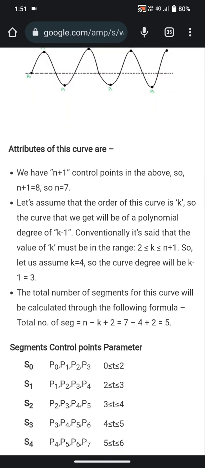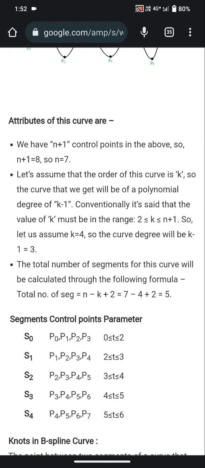Let's assume that the order of this curve is k, so the curve that we get will be of polynomial degree k minus 1. Conventionally, the value of k must be in the range 2 less than or equal to k, and k less than or equal to n plus 1. So let us assume k equals 4, so the curve degree will be k minus 1 equals 3.